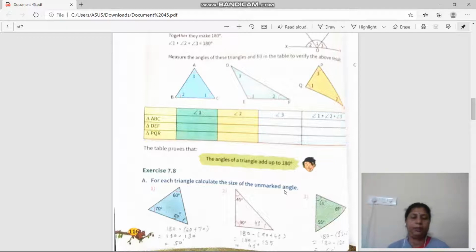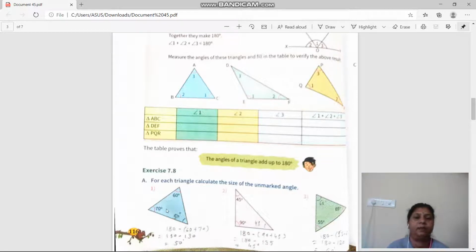So open page number 116 and take a pencil in your hand. We will both understand and solve this exercise. I will wait for you. Fine, everyone is ready? So let's start.